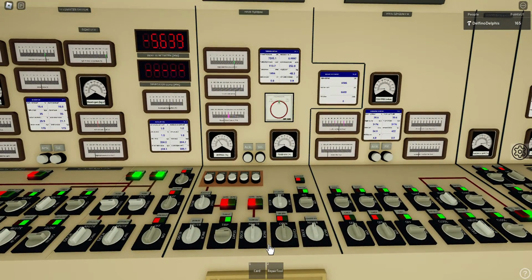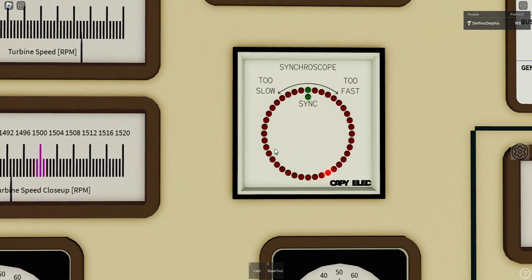Okay, now let's synchronize the turbine. So this is the standard procedure. You want to have the synchroscope at the top.